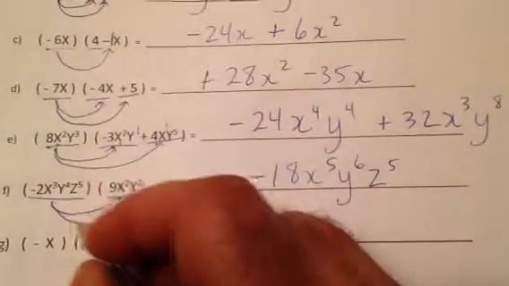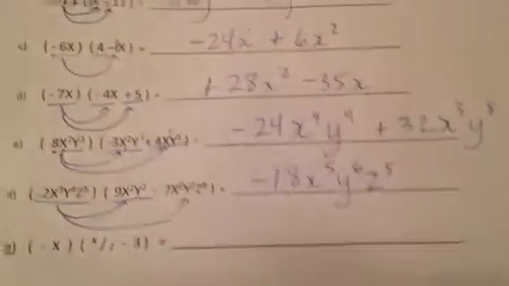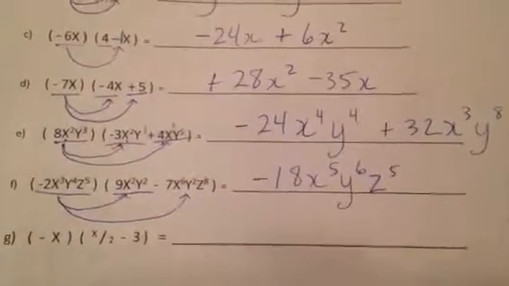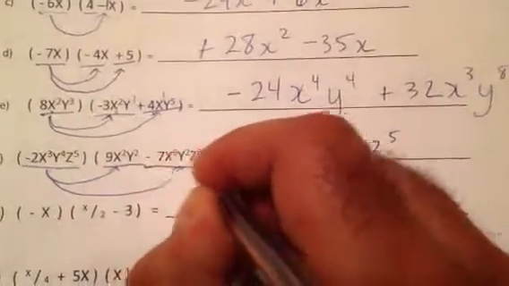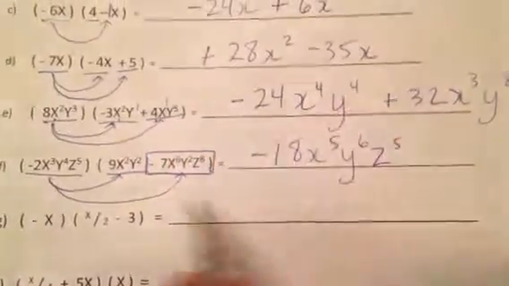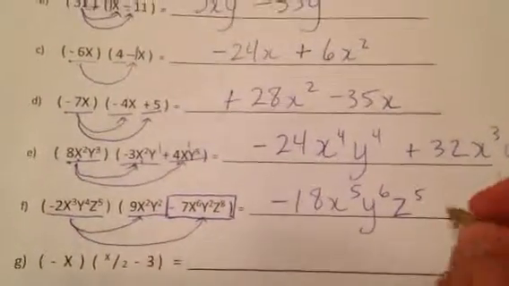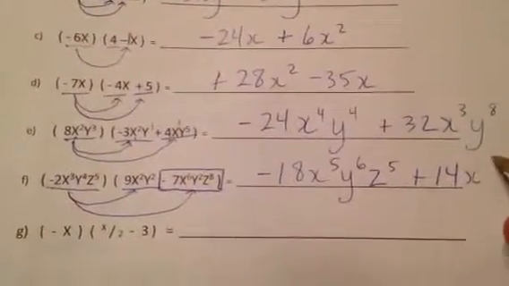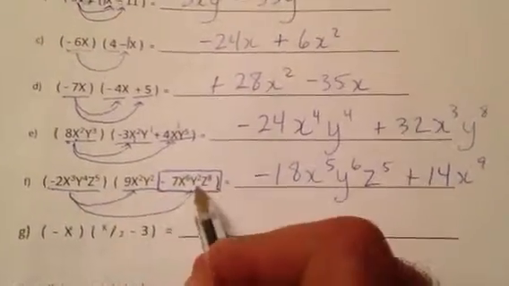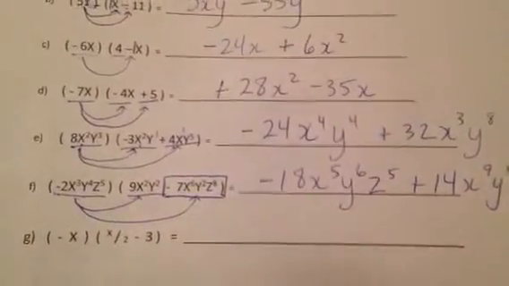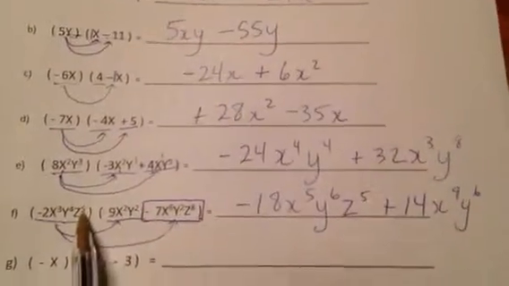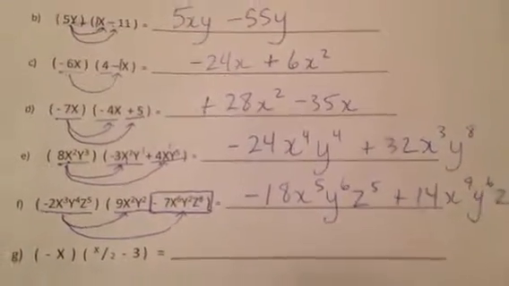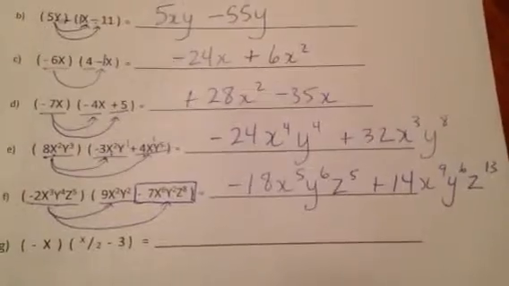And then we multiply this times this, and we get negative 2 times negative 7, because this is all one monomial, that's positive 14. x3, x6 is x9. y4, y2, y6, and z5, z8 is z13. And that's the simplified answer.